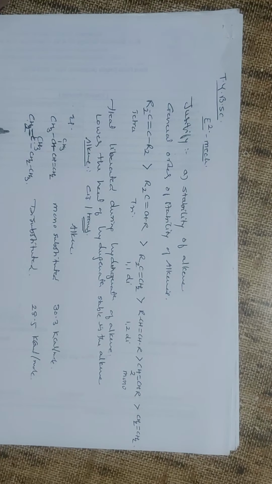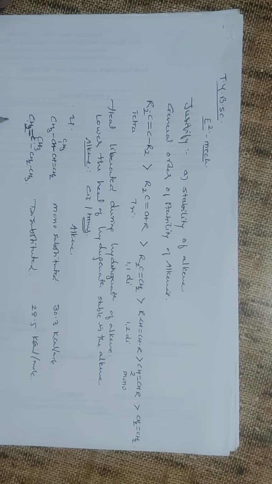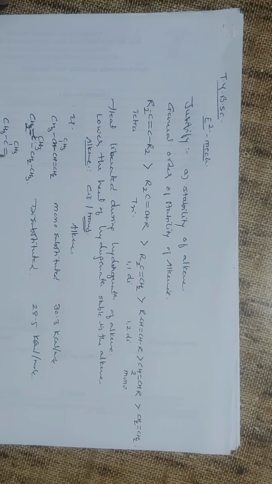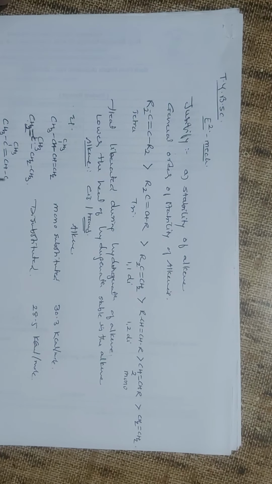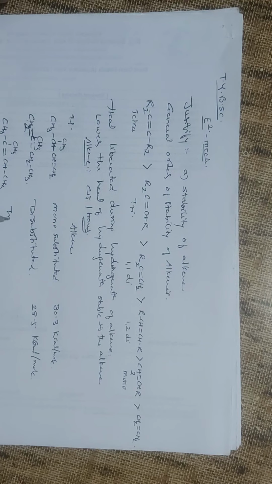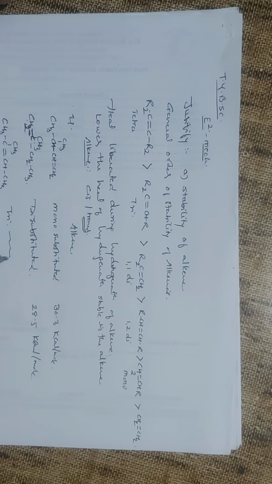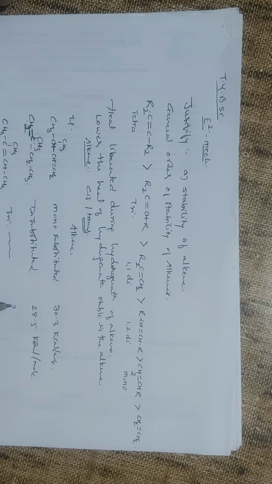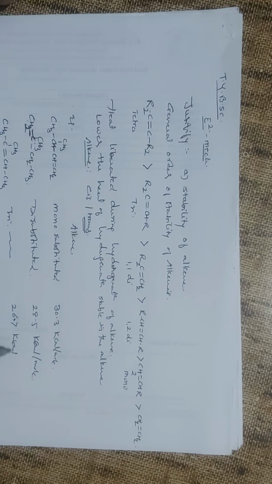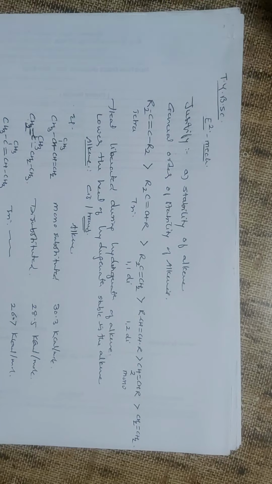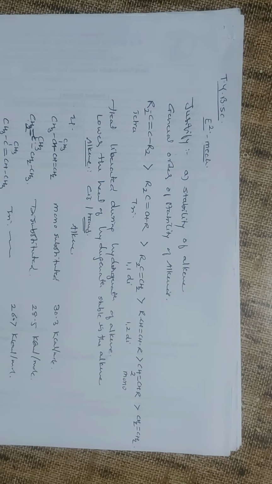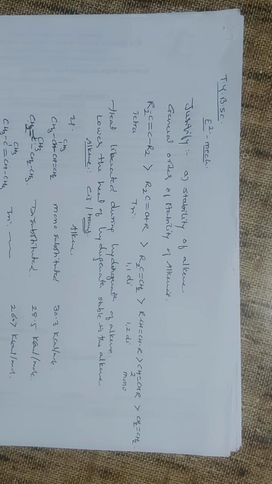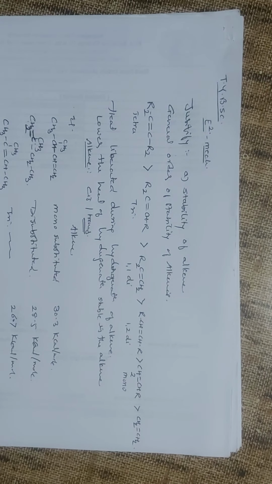And if you see here the third example, that is CH3, CH3 double bond CH, CH3. Here this is tri-substituted alkene and the heat of hydrogenation liberated is 26.7 kilocalories per mole. And so this indicates as the amount of heat liberated is less. So why this happens?